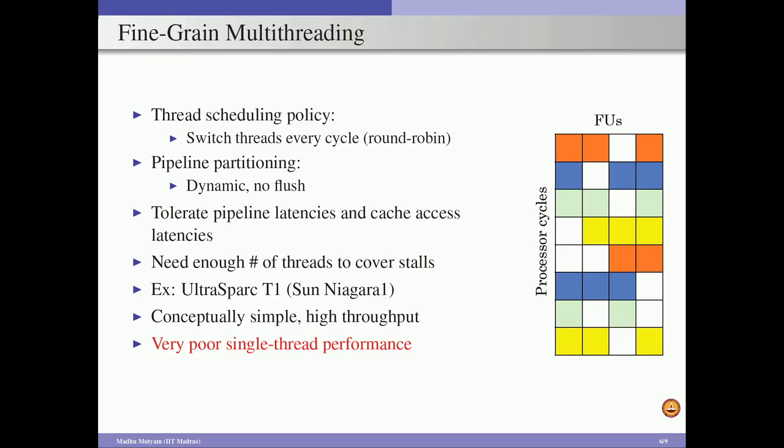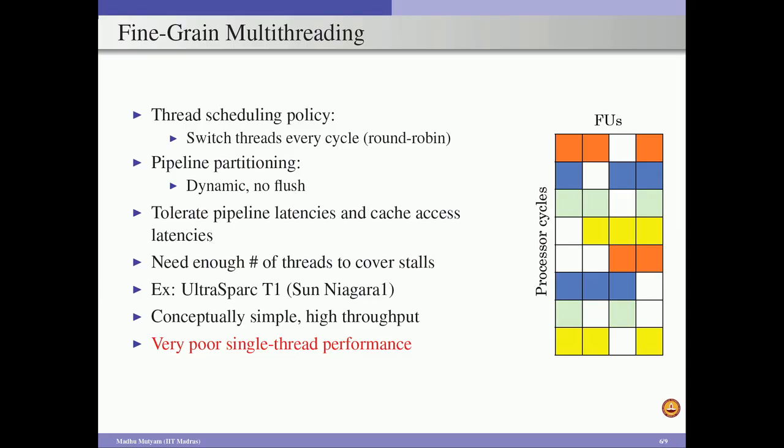The main reason is, even if I do not have any dependencies among the instructions of a single thread, because of thread switching across multiple threads, and the system has multiple thread contexts, I have to delay the execution of the particular thread I am interested in, because I will execute a few instructions from this thread and wait for some time to execute instructions from the other threads, and only when my turn comes back will I again execute instructions from my thread.